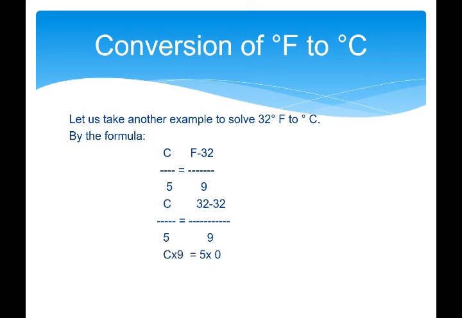Or we can say C/5 is equal to 0/9. By cross multiplying, we get C into 9 is equal to 5 into 0. 9C is equal to 0, or C is equal to 0/9, which is equal to 0 degrees Celsius.